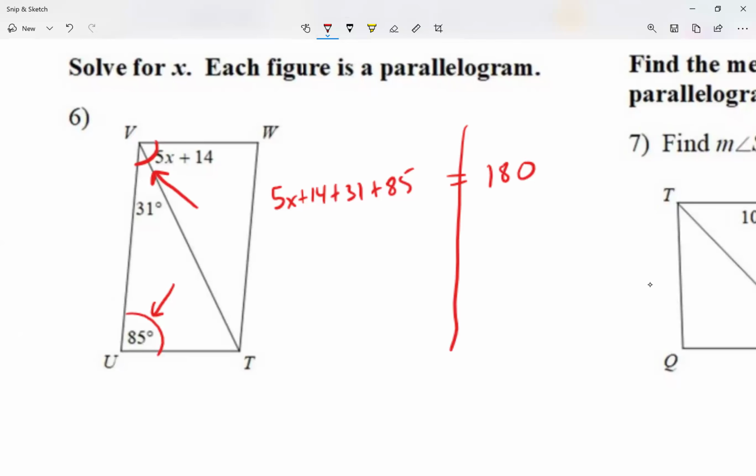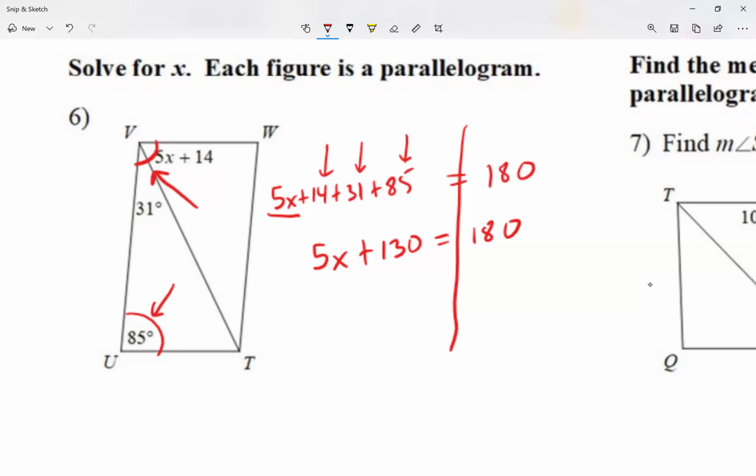Okay, let me separate my sides to the equal sign. Let me make these things a little bit more simple. Letter-wise, 5x. That's the only term that has an x. Number-wise, 14 plus 31 plus 85. I'm going to grab a calculator if necessary, and add these things up. You don't see my calculator, but I am using one, and it says 130.